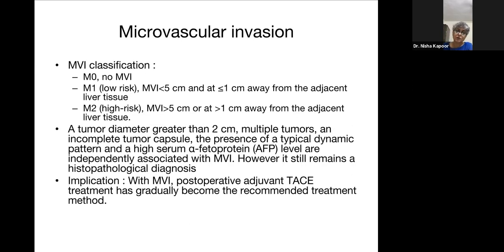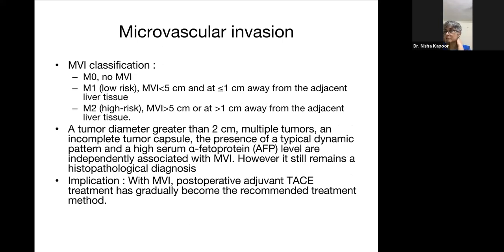To understand microvascular invasion, whether it is present or not, the best modality, of course, is histopathology. That is, it gives you the 100% confirmatory diagnosis. However, it is also good to have an idea regarding whether there is a high possibility of a tumor having microvascular invasion.